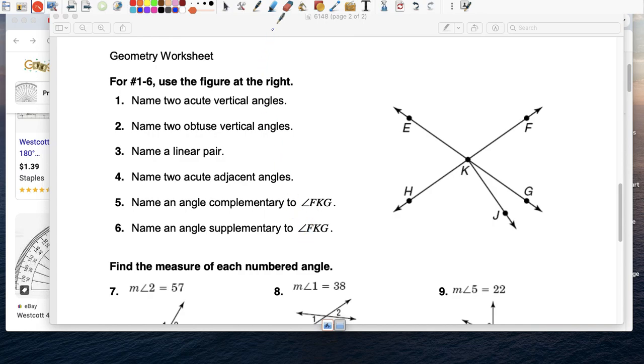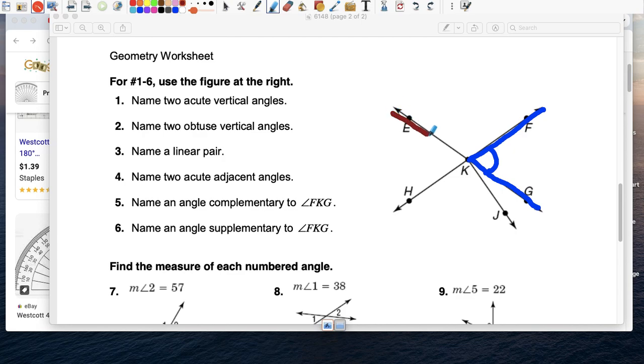Name an angle supplementary to FKG. So hang on a second. FKG is the angle that they're talking about. Supplementary means this angle plus another angle equals 180. And obviously, if you think about a straight line, this is your straight line right here.